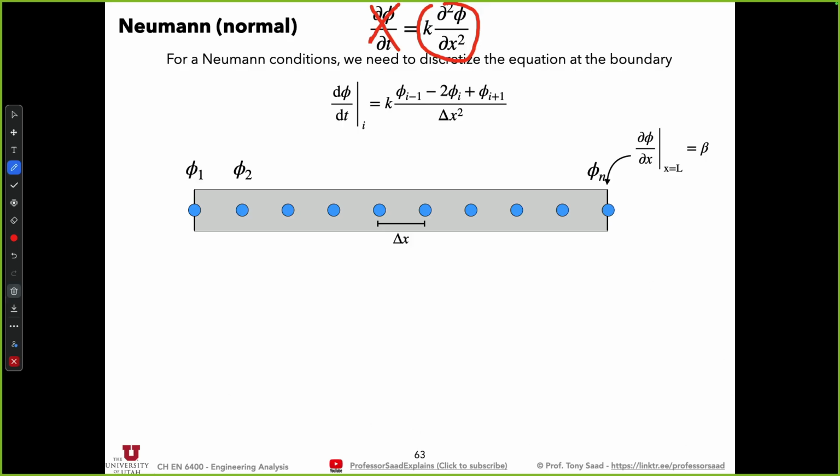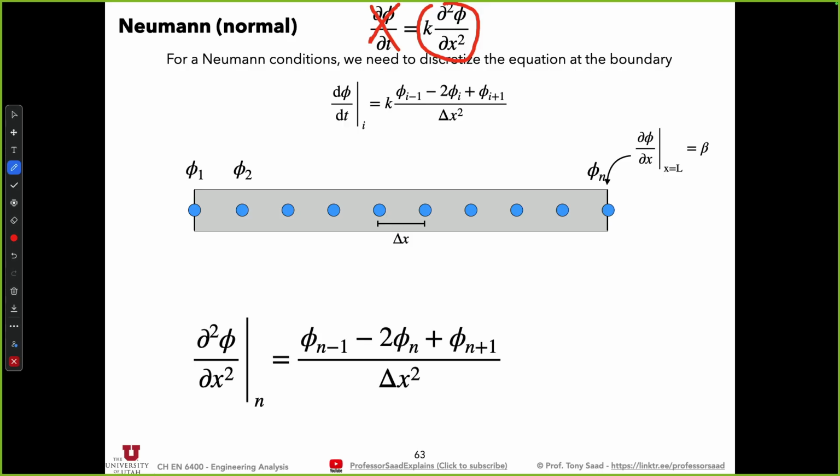So it's given to us, specified by this condition, and then if we take our diffusion term and try to discretize it at that boundary at point n, then we end up with this phi n plus 1. If we're still following the central discretization approach for the diffusion term, we end up with this phi n plus 1 that doesn't exist in the list of unknowns that we are trying to solve for.